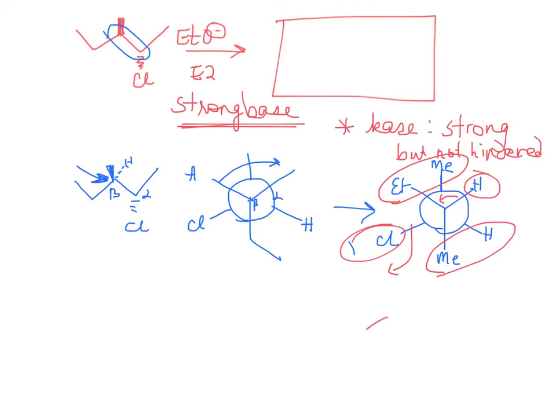So one can draw maybe the double bond. You have the ethyl and the methyl on the same side, and you have the hydrogen and the methyl like that. And so this, in this case, is going to be your Zaitsev's product, because it will look like, oh, one extra carbon.